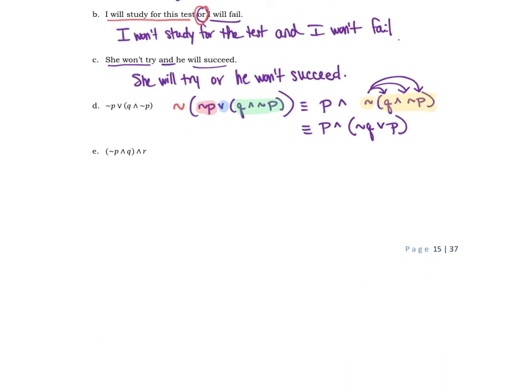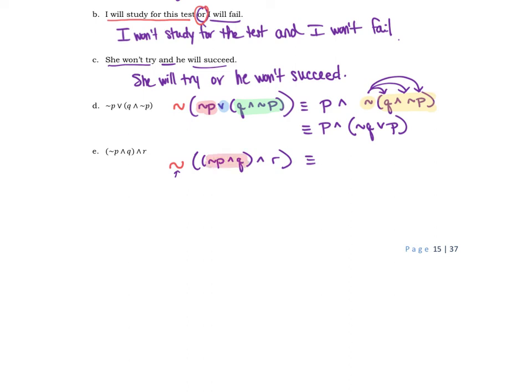Last one, and again, this is going to be similar to what we just did. We want to take this original statement and negate the entire thing: not P or, and Q or R. First thing I'm going to do is apply the negation, this one here, to the three different parts of the statement.